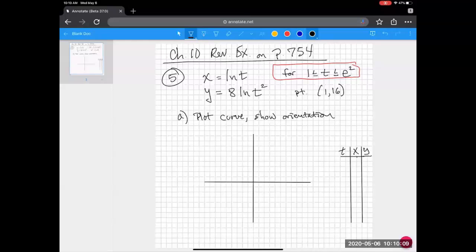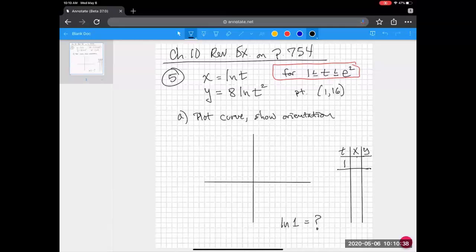So if I plug in a 1 for t, then for x, we get natural log of 1. What's the natural log of 1? For those who are trying to follow along here and participate. Zero.